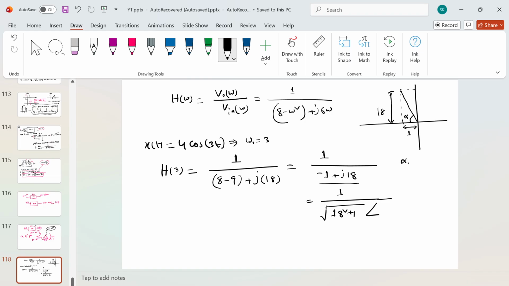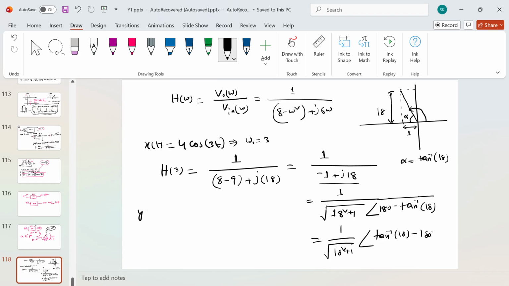Okay, so alpha is tan inverse 18, but we need to calculate the angle from this side, right? So the angle from this side will be 180 degree minus tan inverse 18. So you'll have 1 by square root of 18 square plus 1, with angle tan inverse 18 minus 180 degree. So this will be your angle.